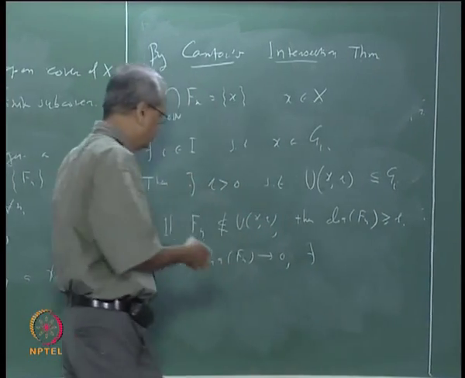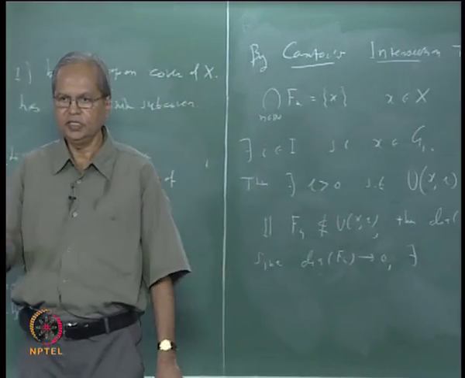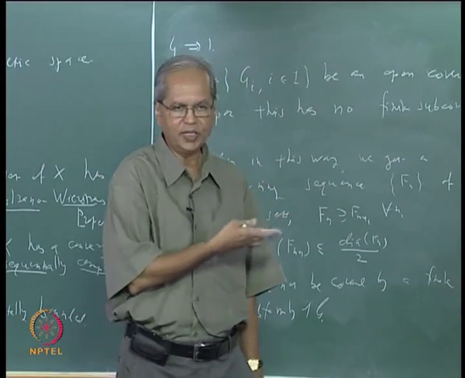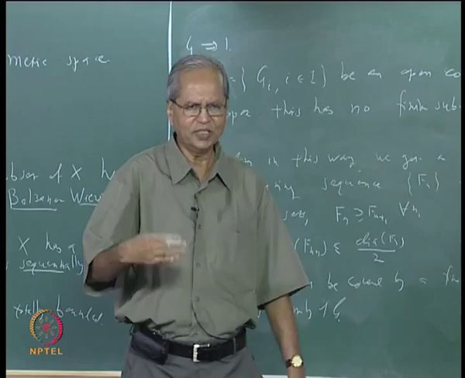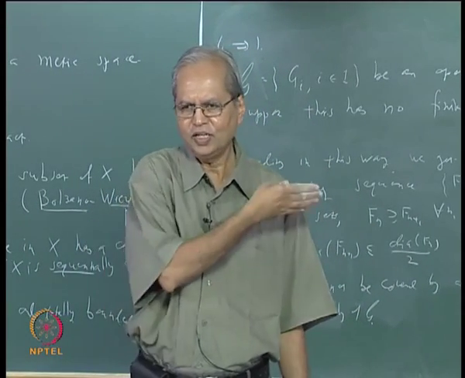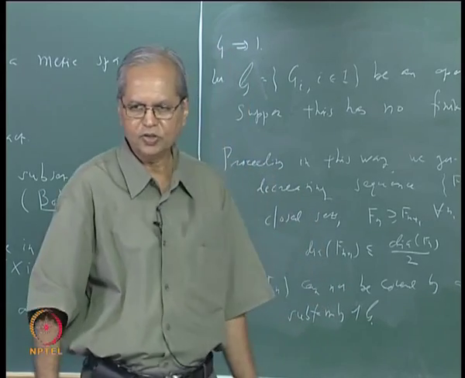In fact we can say more: there exists some n0 such that for all n bigger than or equal to n0, the diameter of F_n is less than r, but that is not very important. If the diameter is less than r for some F_n, then for all larger n it will be less than r, because it is a decreasing family.